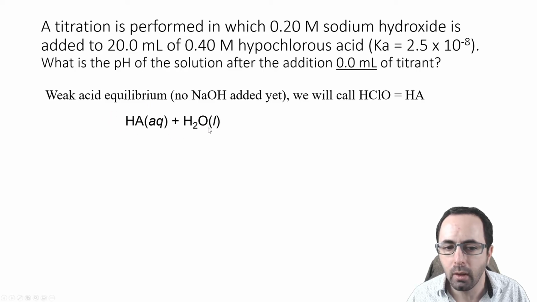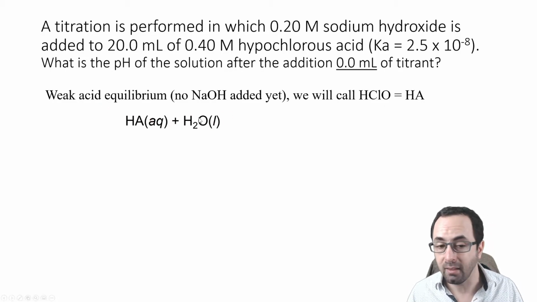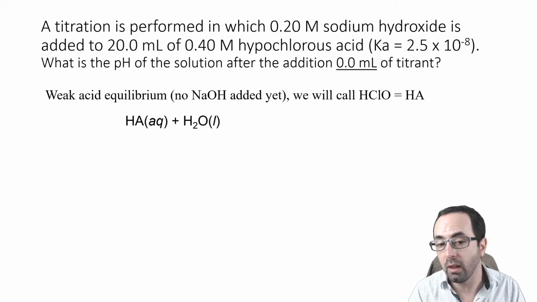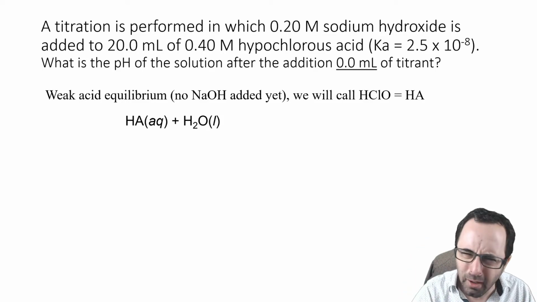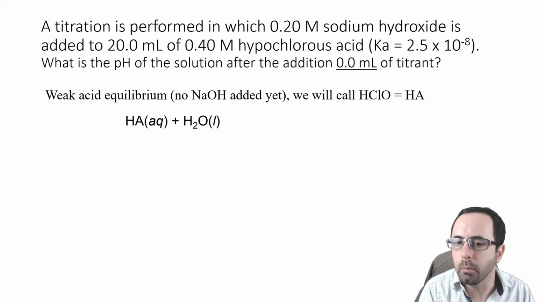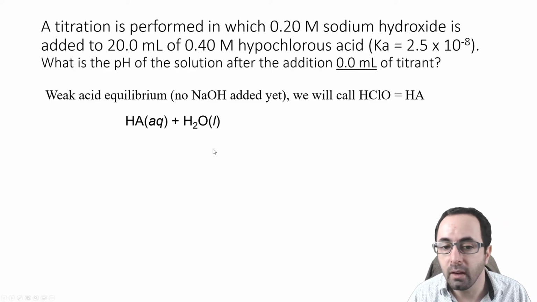plus water. And that's all we've got in the flask right now. We have our weak acid, hypochlorous acid, in water. That's it. So this is the appropriate thing to write for reactants here. Always be thinking about what's actually in my flask. Those are the things that are going to be on the reactant side. There's going to be an equilibrium here because this is a weak acid.